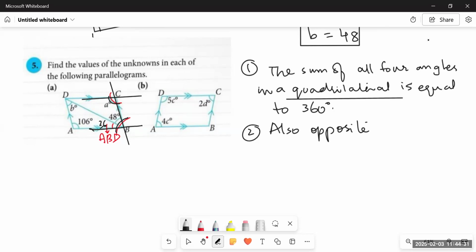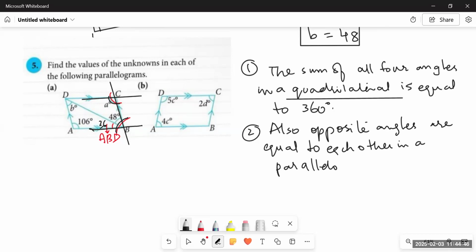Also, opposite angles are equal to each other in a parallelogram. Using these two properties, we will solve this particular parallelogram. Okay?